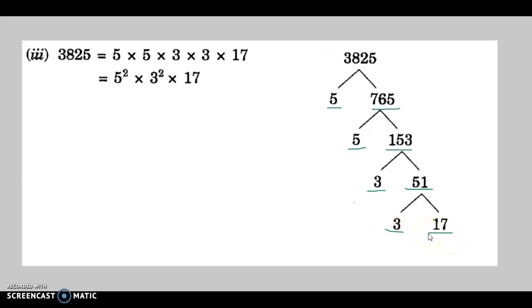Hence we have prime factorized it, and the prime factorization of the number 3825 is 5 square into 3 square into 17.